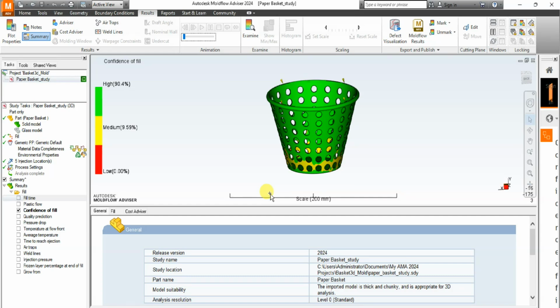So in this case study, I think it's better to work on the lower parts of this particular 3D model, the plastic basket that we are working on. That is very, very important.